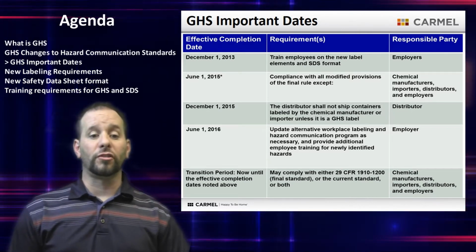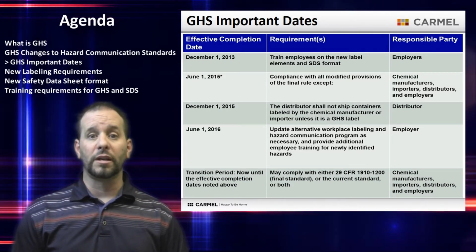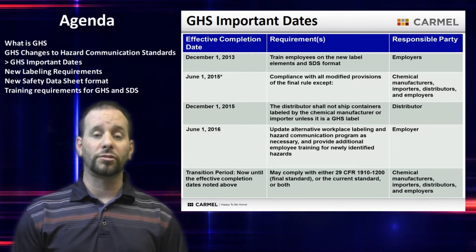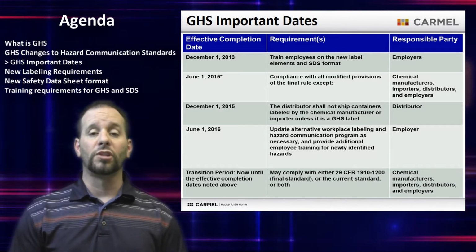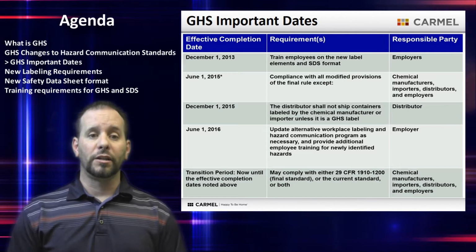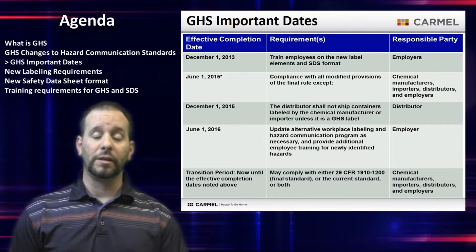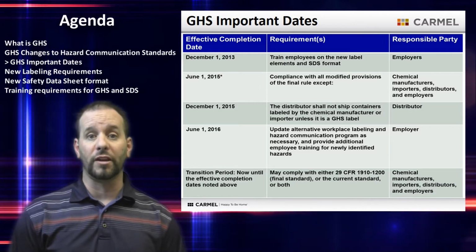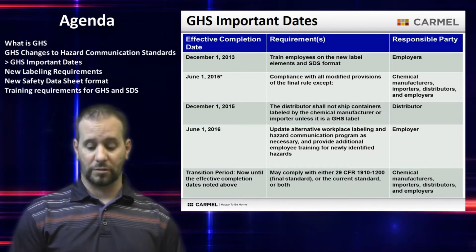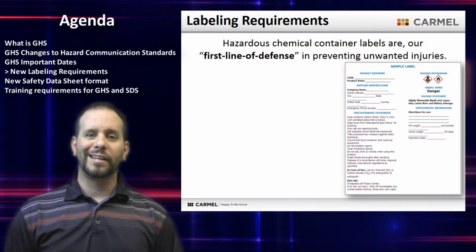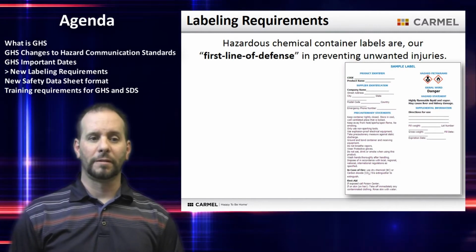As well, by June 1st, 2016, employers and manufacturers must make sure that all employees and workers are updated and trained in the proper usage of each chemical, and all PPE and SDS sheets are readily available for those employees and workers. So now we're going to get into the labeling requirements.